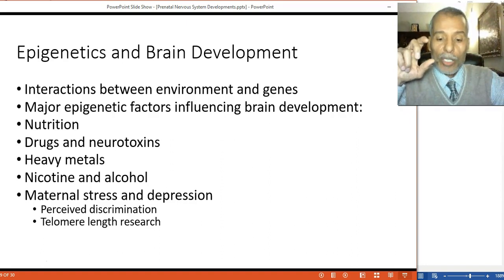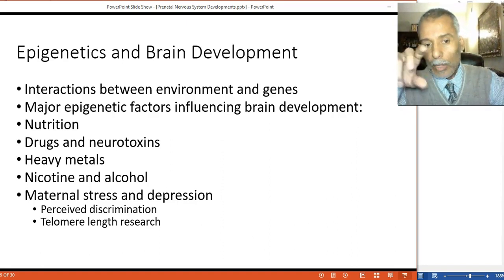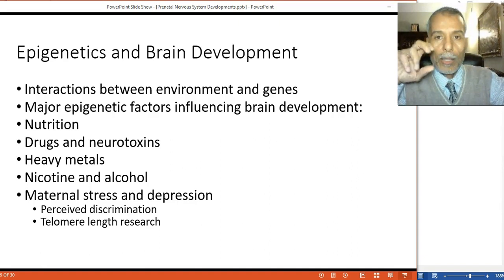Maternal stress and depression. These symptoms, causing the stress response, are experienced by women who are pregnant and who experience discrimination. We call it perceived discrimination.